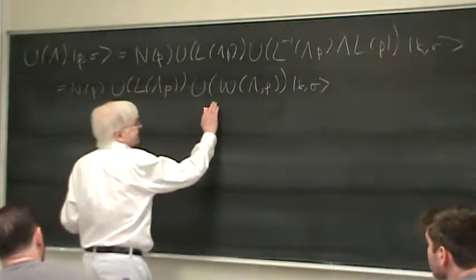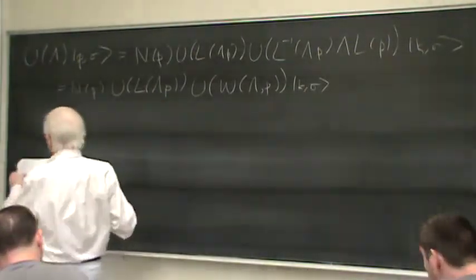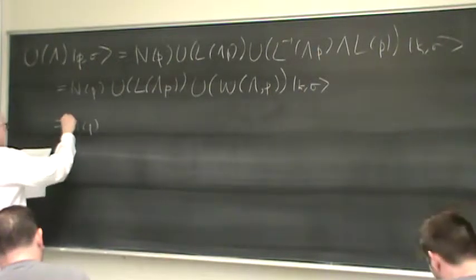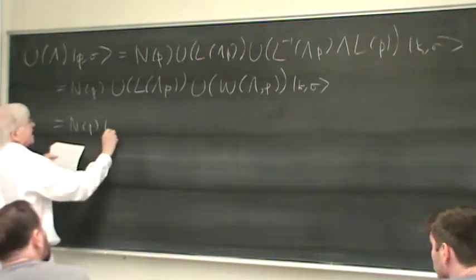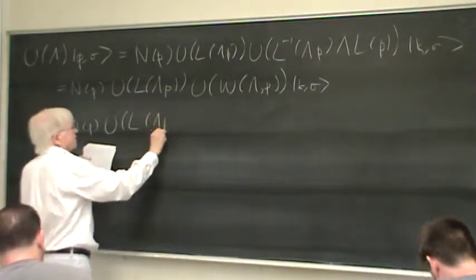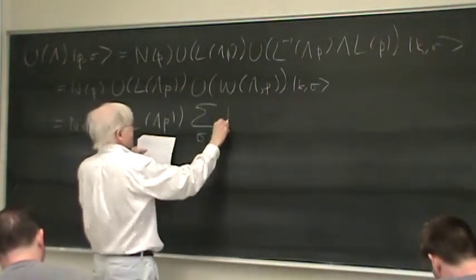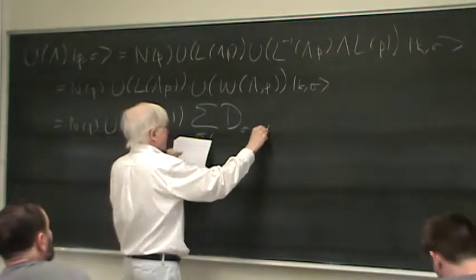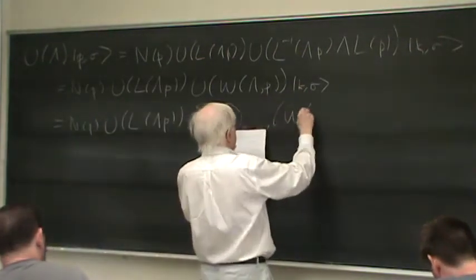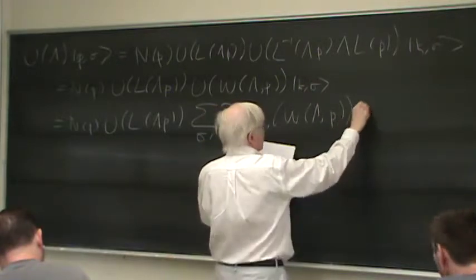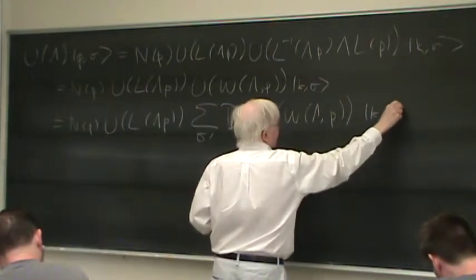And now we know what this is because we've just basically worked that out. So this is N of P, U of L of lambda P, some sigma prime, D sigma sigma prime, W of lambda and P, K sigma prime.